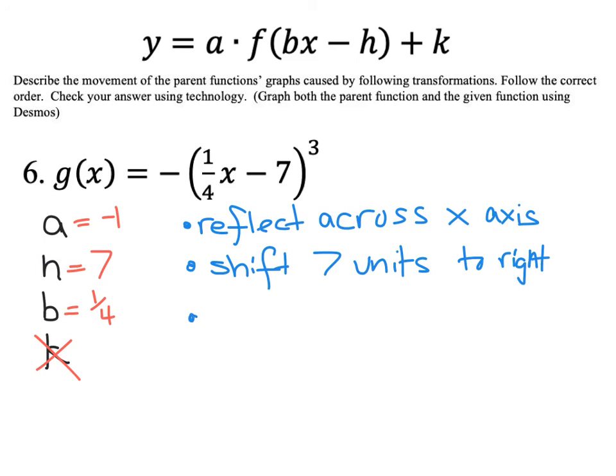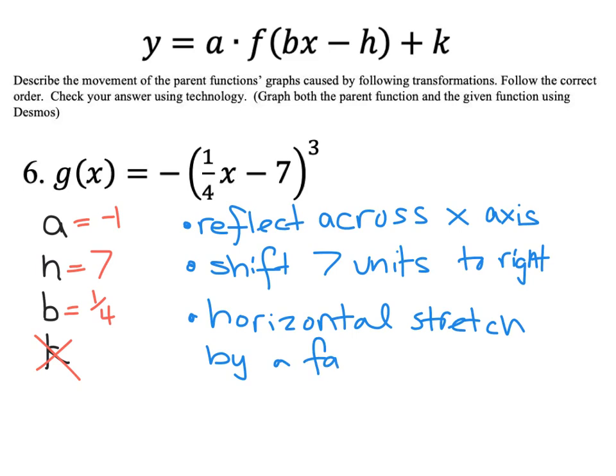This is counterintuitive. So it's smaller than 1, which makes your brain want to say, oh, it's shrinking, but it's happening to the x, so it's actually stretching. X is always the weird one. It's counterintuitive. Horizontal stretch by a factor of, do the reciprocal of 4, or 4/1.